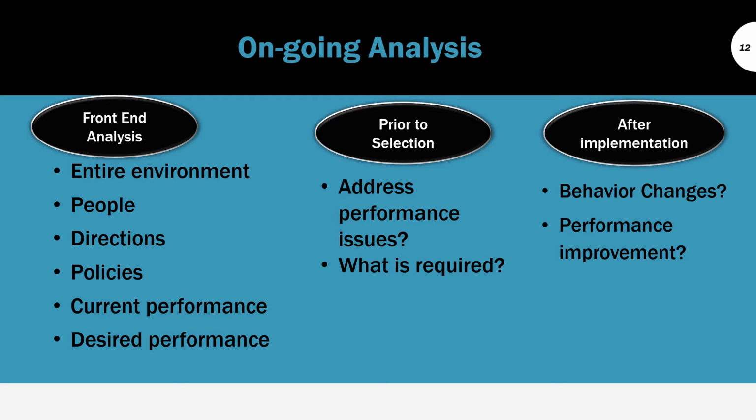It looks at the entire environment, people, directions, policies, current performance, desired performance. The analysis conducted prior to any intervention selection is done to make sure that the selection addresses performance issues and it is addressing what is required. After implementation, the analysis is ensuring that there have been behavioral changes and the selected intervention is actually improving performance.